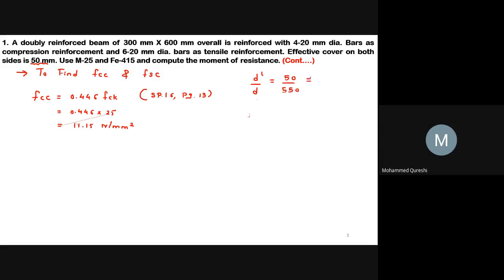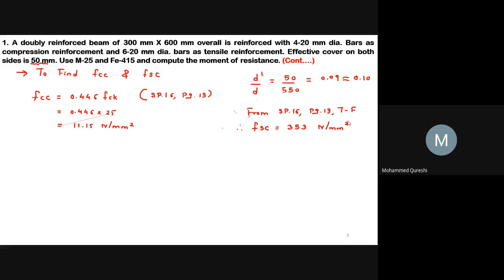So we get the ratio d dash by d equals 0.09, which is approximately equal to 0.10. Now from SP16 page number 13 table F, we will get the value of FSC as 353 Newton per mm square. That is stress in compression reinforcement.